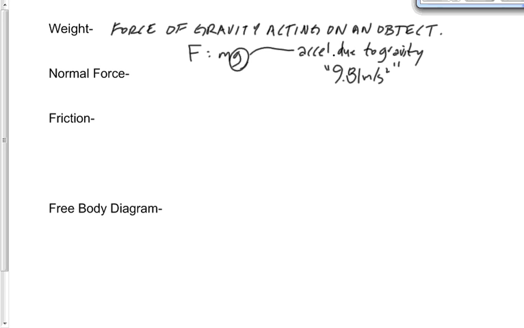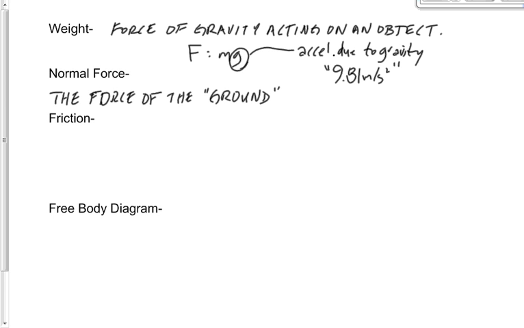Mass, weight, normal force. Weight is related to mass. We get them confused sometimes. Normal force is related to weight. We get them confused sometimes. The normal force is the force of the "ground," although I'm going to put ground in quotation marks because it's not always the ground.